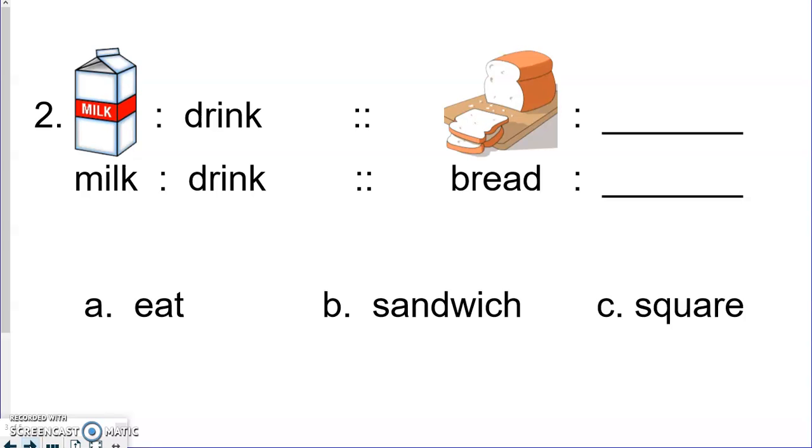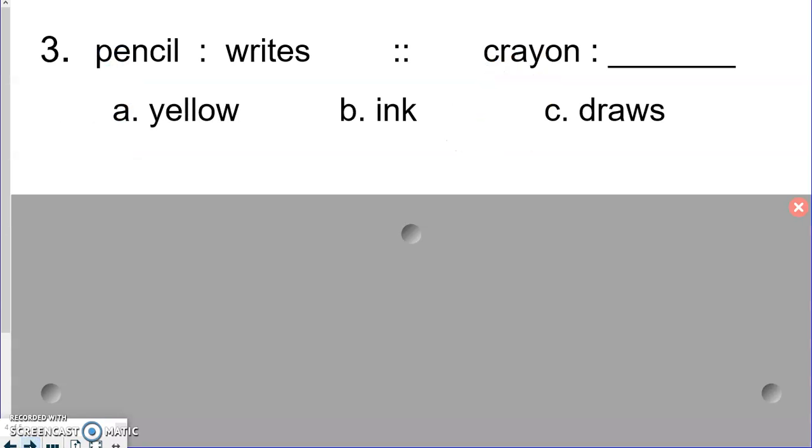So show me what you're thinking. Show me a 1 for A, a 2 for B, or a 3 for C. All right, I hope you're showing a 1 for A because that's the correct answer. So milk is something that we drink and bread is something that we eat. Good job.